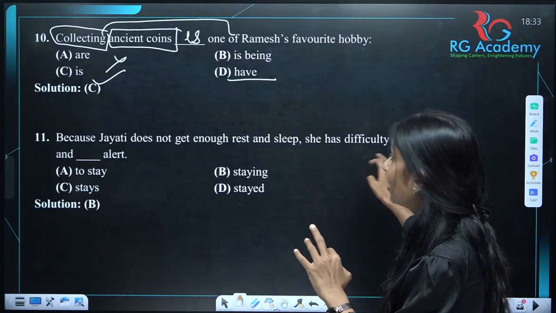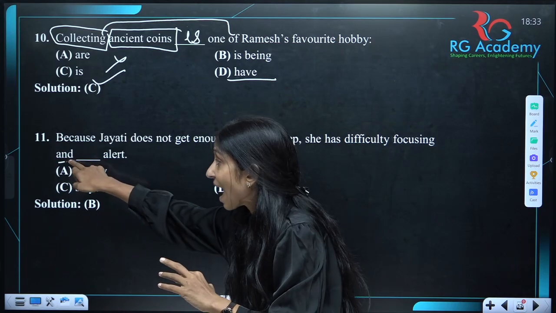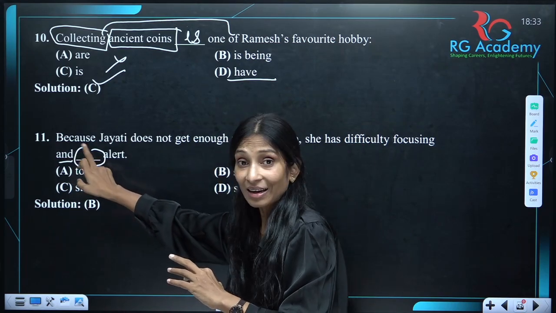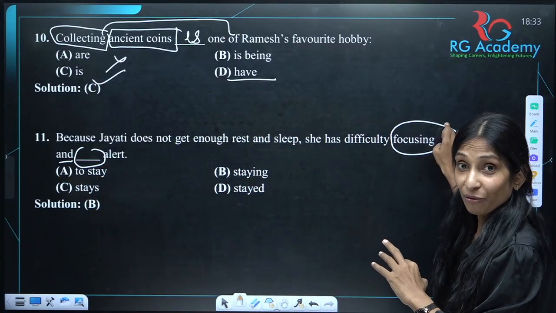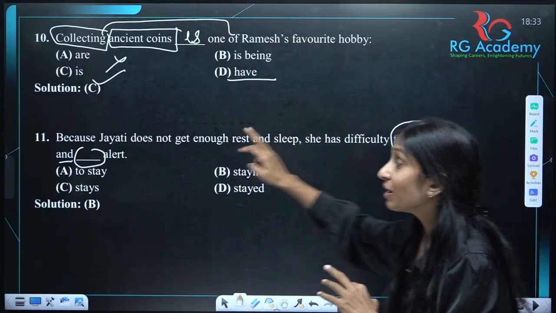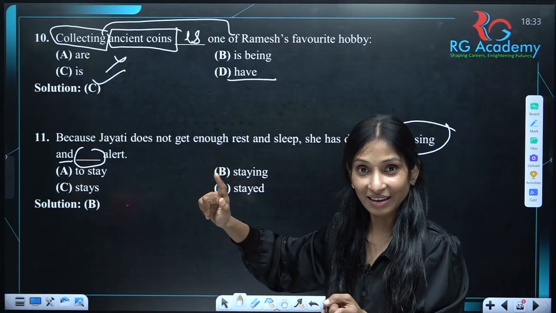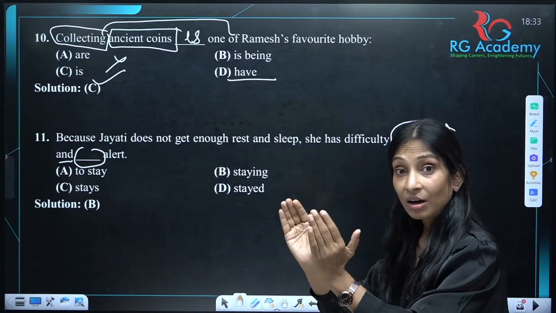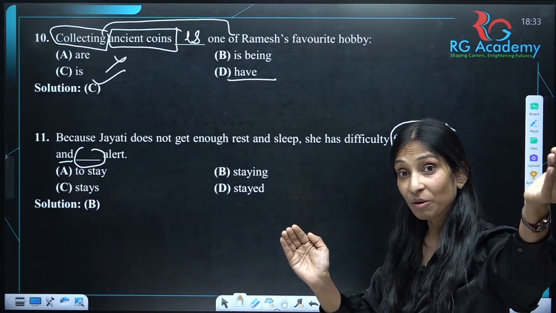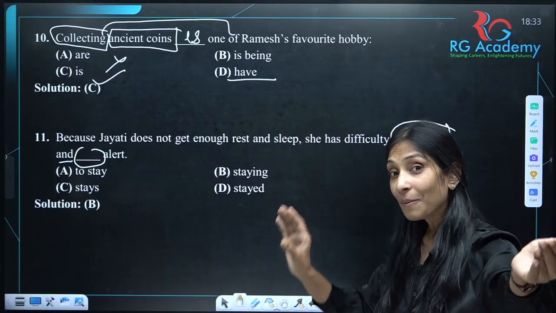You have to see what verb has been used before the blank and. The verb that has been used is the ing form of the verb. So what you fill in the blank should also be an ing word. Clear? So you have to be parallel. You have to be similar to the kind of verb used before that blank. So you have to use the same kind of verb in the blank as well.